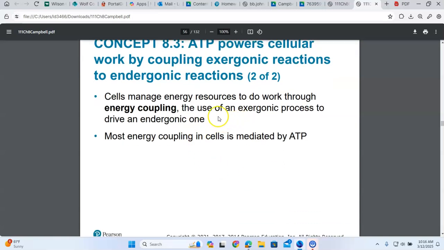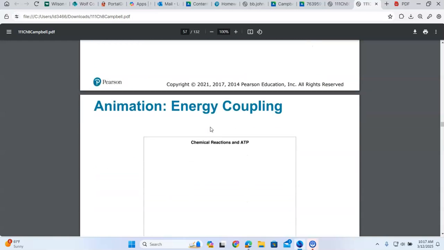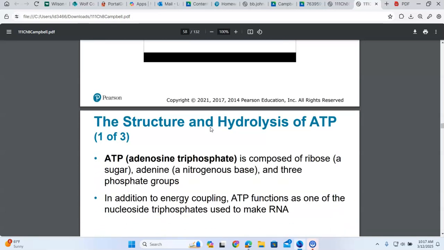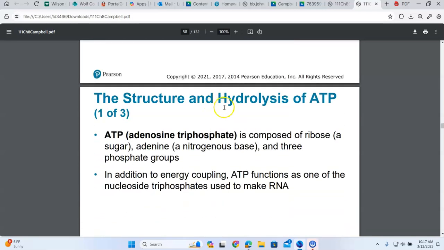So many times a cell will use the energy from an exergonic process to drive the endergonic process. That's called energy coupling. So usually your exergonic process will produce ATP, and then that ATP will drive the endergonic process. And there's an animation, this is slide 57, that you can watch on ATP. We will start with slide 58 in the next recording.